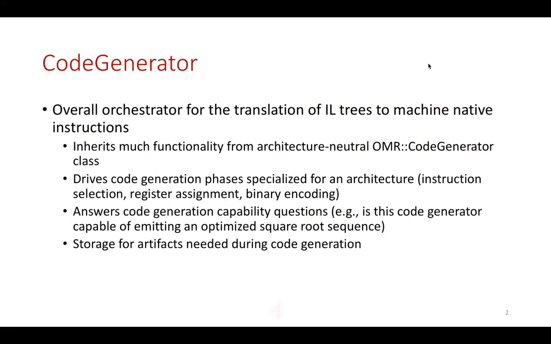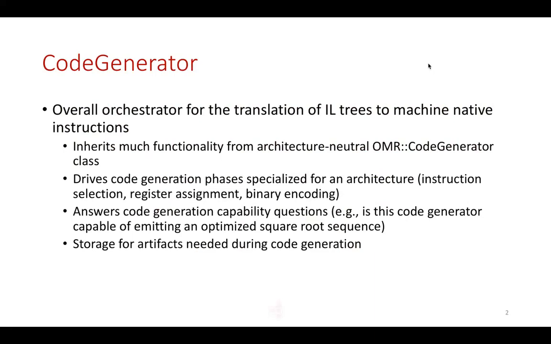It also does things like answering questions about what a code generator is capable of doing. The example I've got here is that an optimizer can ask the code generator if it is capable of doing something optimized for square roots, and in some cases the optimizer would leave it alone, not optimize it, knowing that the back end is going to take care of it.